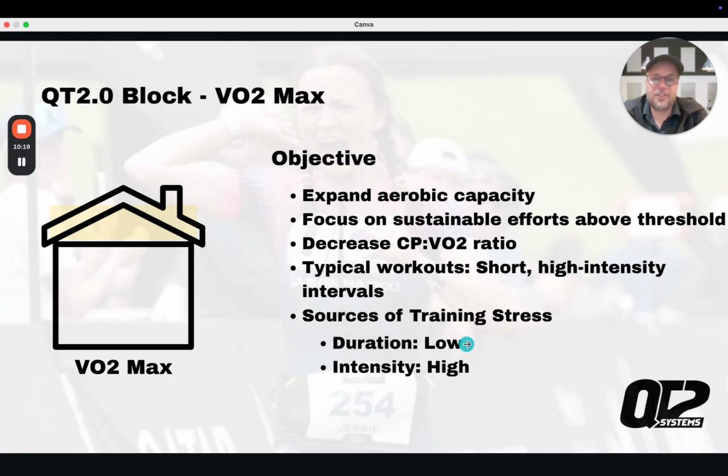The sources of training stress, duration will be low and intensity will typically be high. Essentially, we want to increase our maximal oxygen uptake, expanding the size of the overall aerobic engine. Through this, we improve cardiac output, stroke volume, and that increases oxygen delivery to the working muscles.